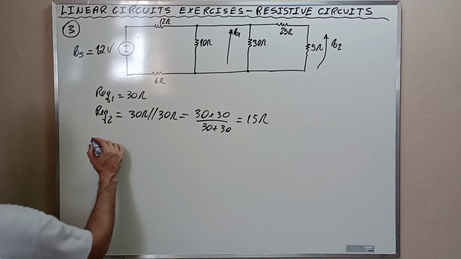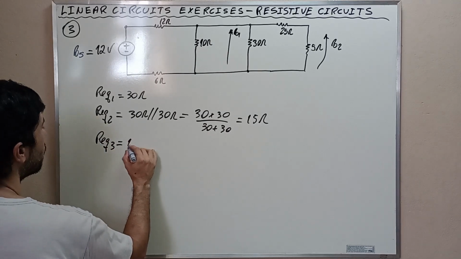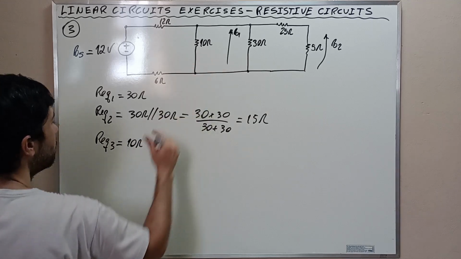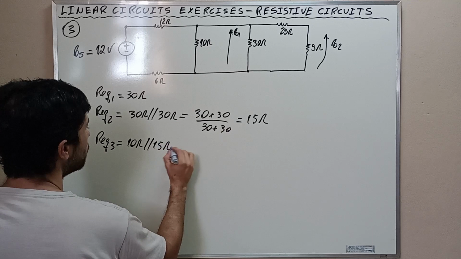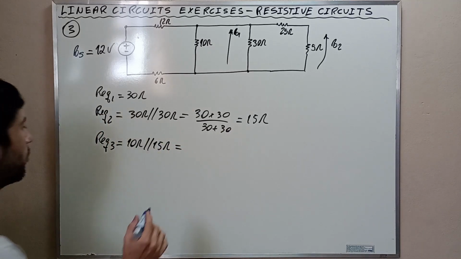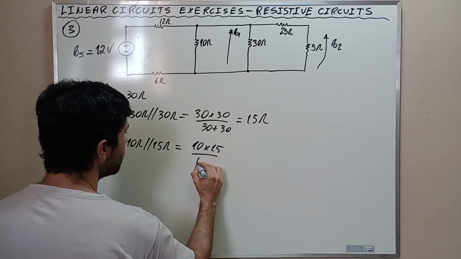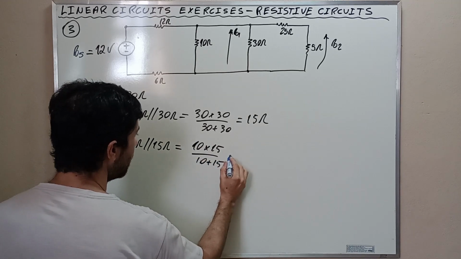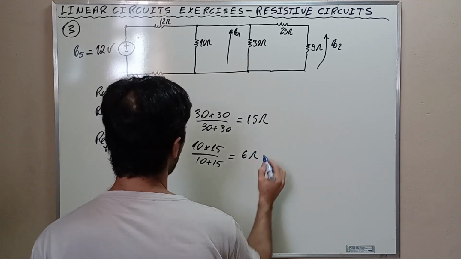So equivalent resistance number 3 is going to be the parallel connection between this 10 ohms and this 15 ohms. And this is solved by computing the product over the sum. And this is equal to 6 ohms.